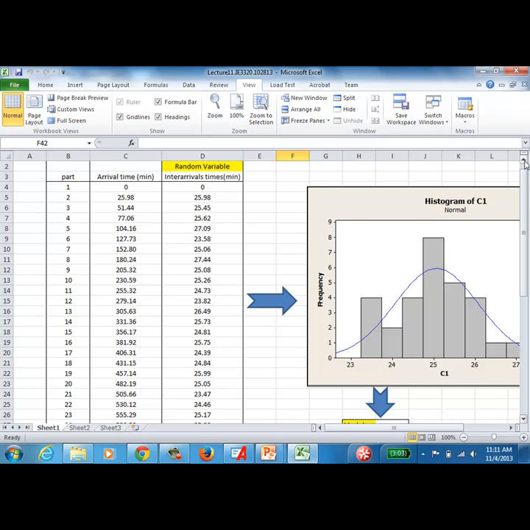Okay? But your random variable is not the time of the arrival, your random variable is the inter-arrival time, which means that you want to know how much time it takes to go from one part to the other. What is the time from one part to the second arrival? And in order to get that information, you can easily subtract this number from the previous one, and you will get those inter-arrival times.